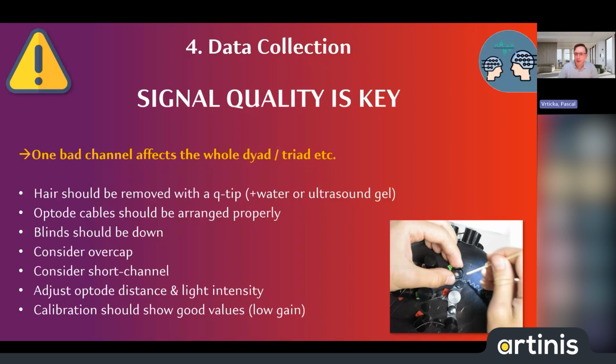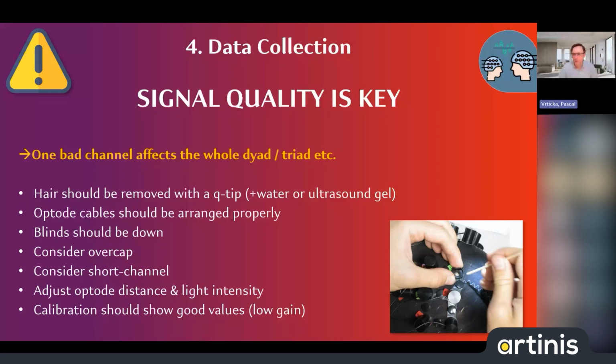I won't go into too much detail regarding what you can do if you have not that good data, because there are many resources on the Artinis website, for example, of course, as well. But many times it has to do with the hair interfering with the signal, that you have optode cables that are not properly arranged, that you have too much external light, that you can quite easily amend by closing the blinds.